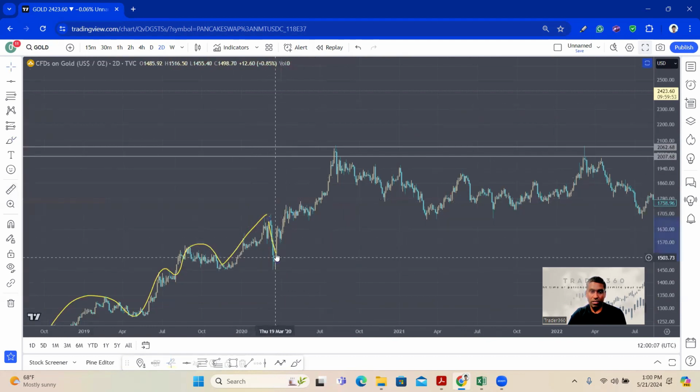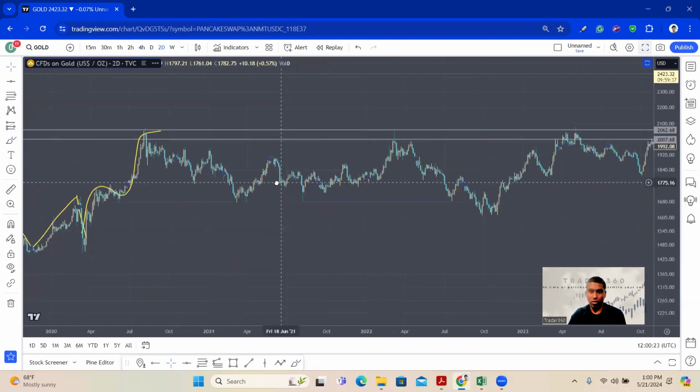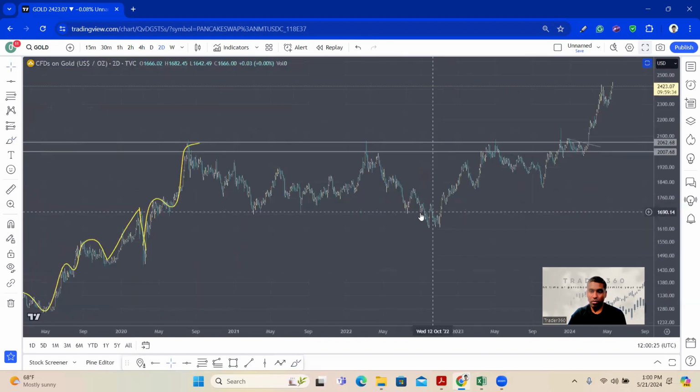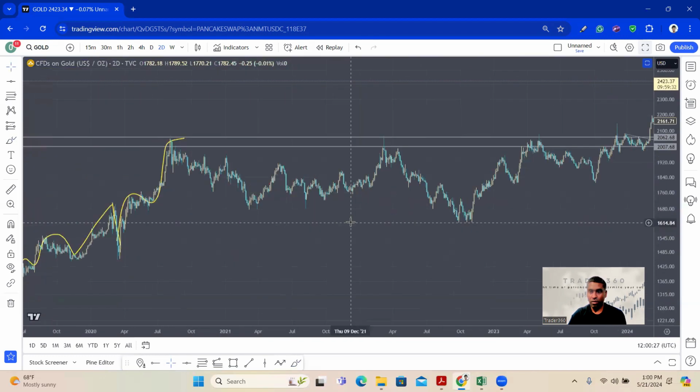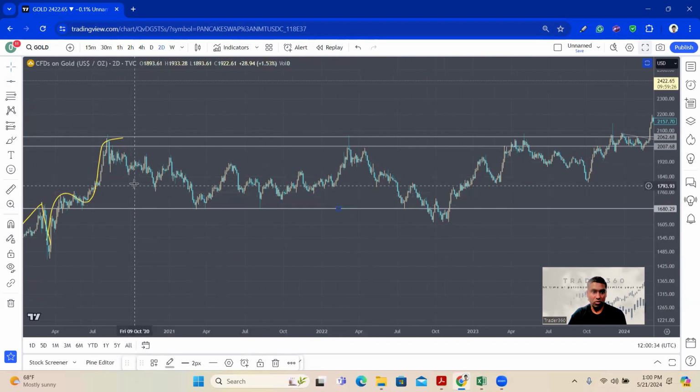Now, this recovery was really fast for gold as well. So it recovered and then it topped around 2059 in August 2020. And after that, what happened with the gold? For 4 years, this was the low and this was the high.